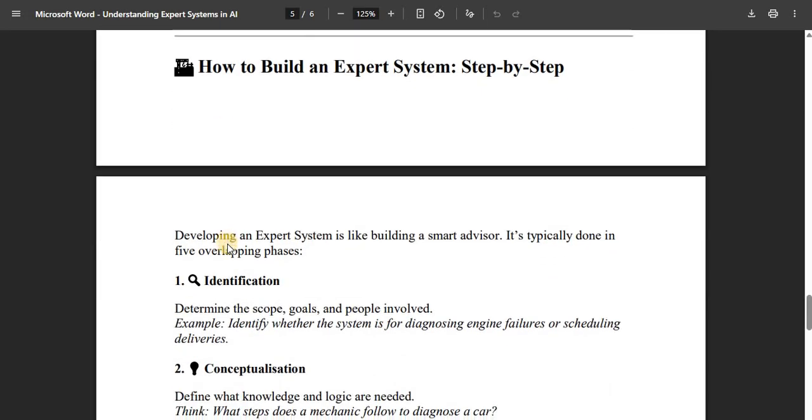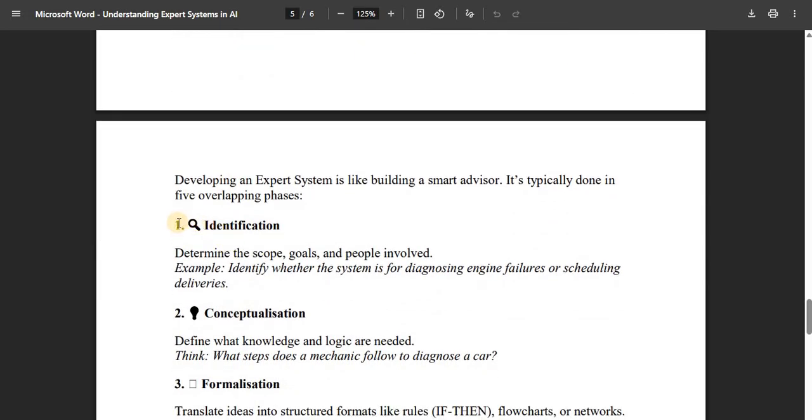How to build an expert system? The first one is identification of the problem. Why should I build the expert system? Like I need to build an expert system to deal with the patients. Why? Because there is a scarcity of doctors. Out of 1,000 people in India, there should be 2 doctors.